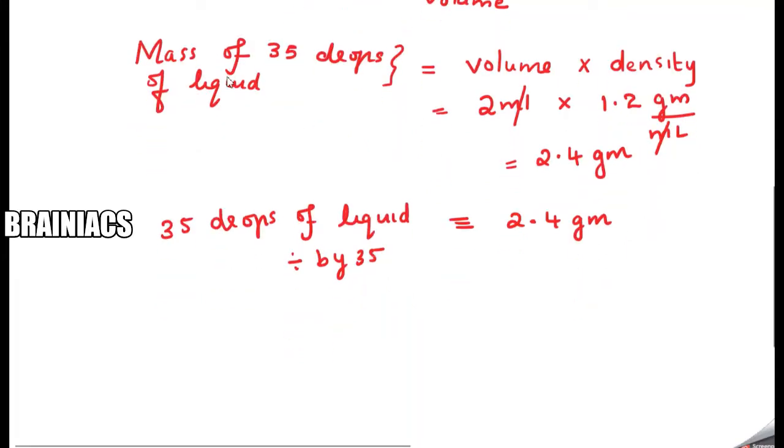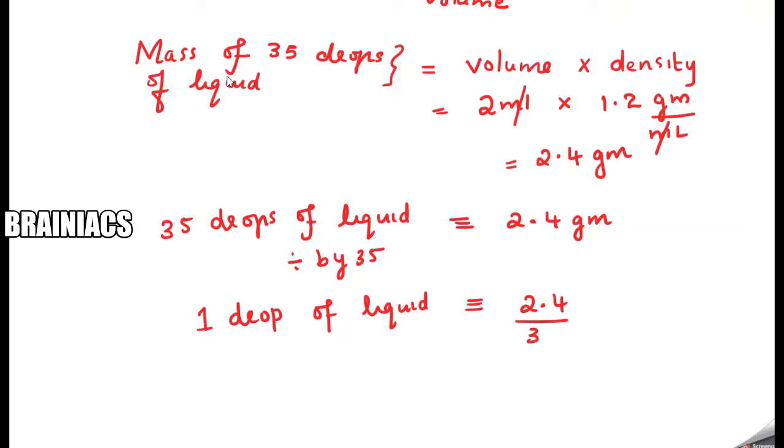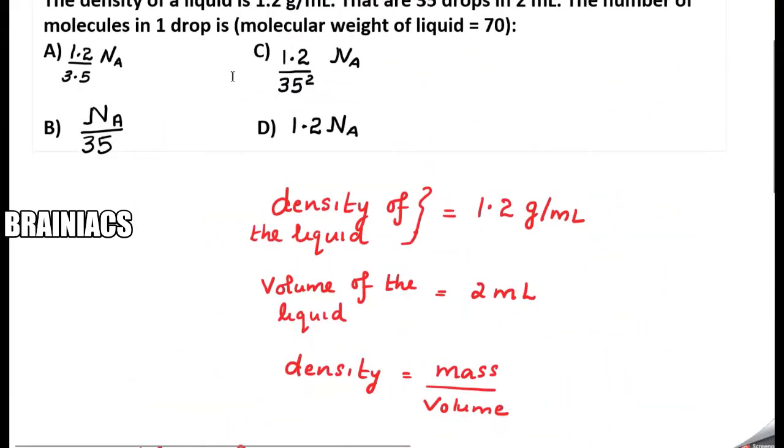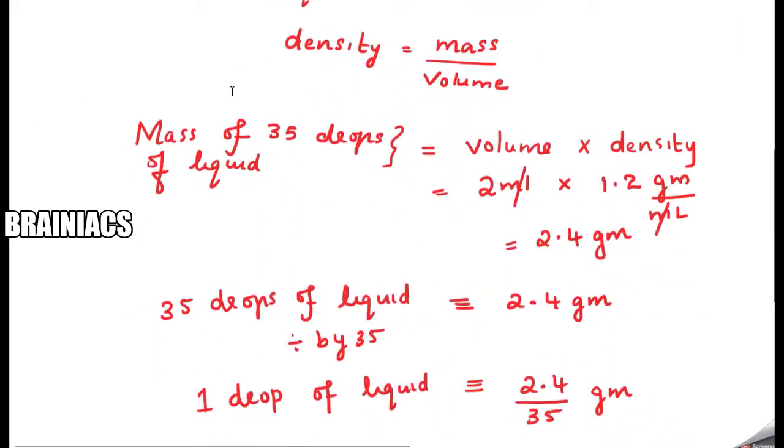So for one drop of liquid, mass is equal to 2.4 divided by 35 gram. But what they are asking in the question is the number of molecules in one drop.